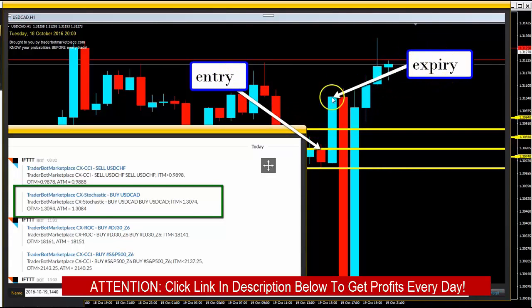Here is the expiry at the close of the second bar. Now, this one expired. It was an OTM trade that expired in the money. So it's going to cost you less than 50 cents to get into this. OTM trades cost less.